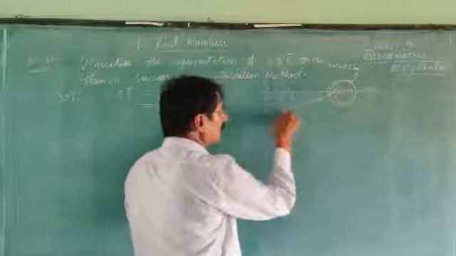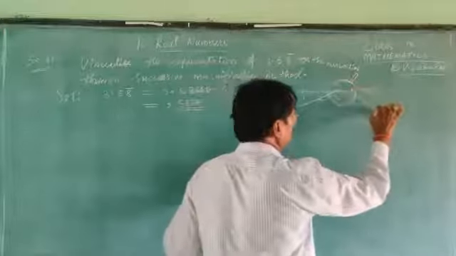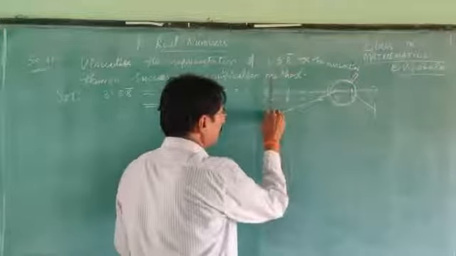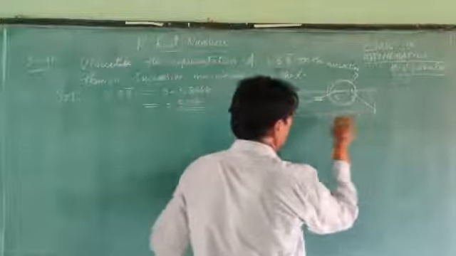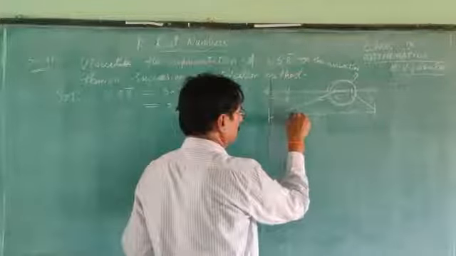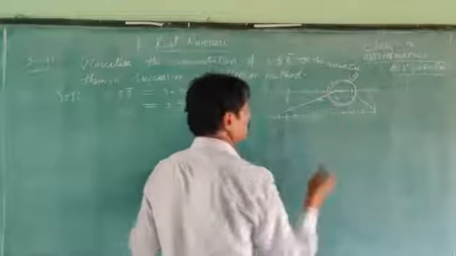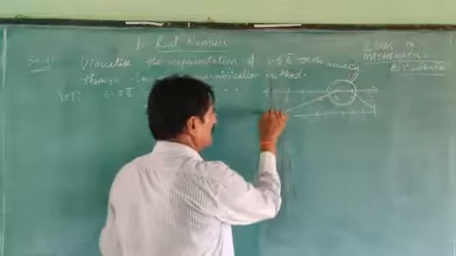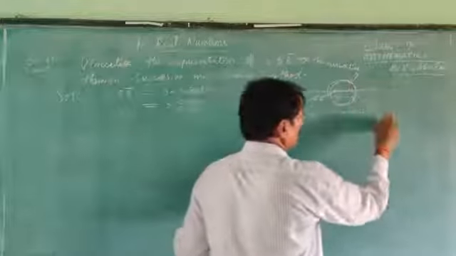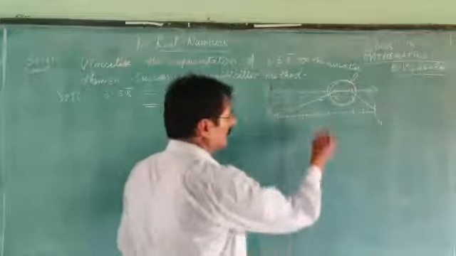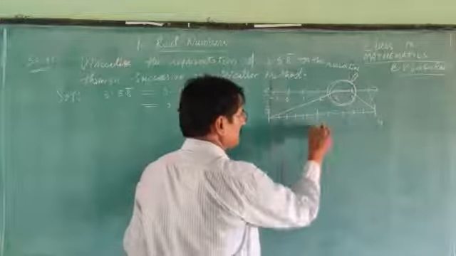To see clearly, put the magnifying glass on that portion. It is visible like this: 3, and it is a 4. Now, between this, it is a 3.5.